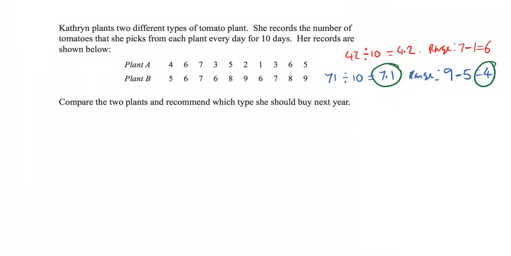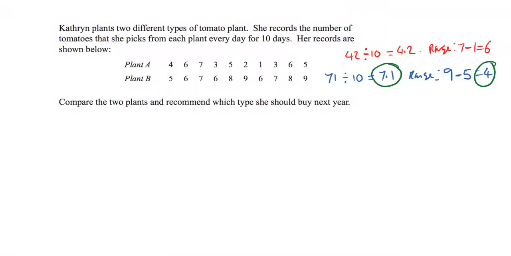It only varies with a gap of 4 compared to 6 for plant A. So not only are there more tomatoes to be picked on plant B, I can also say they're consistent in the amount that gets picked compared to plant A.